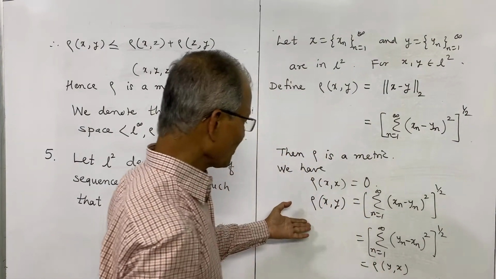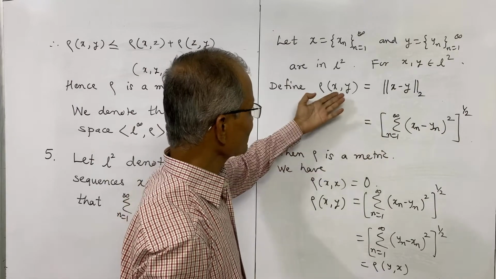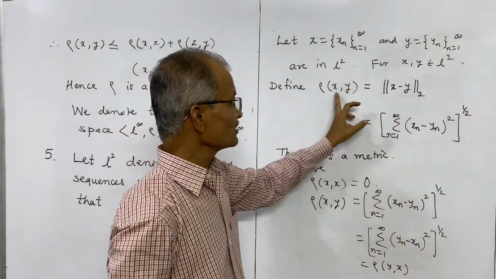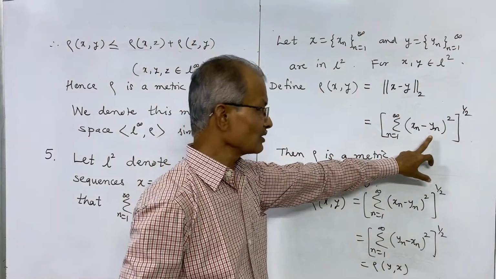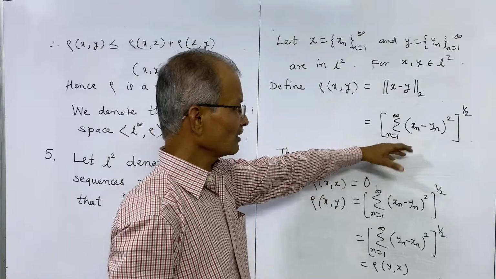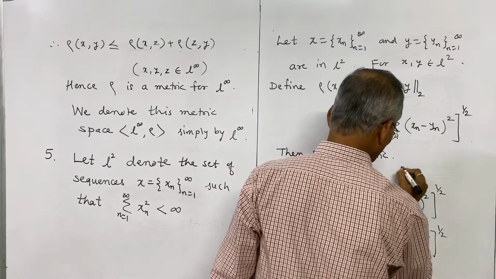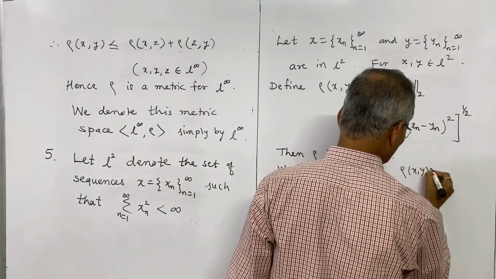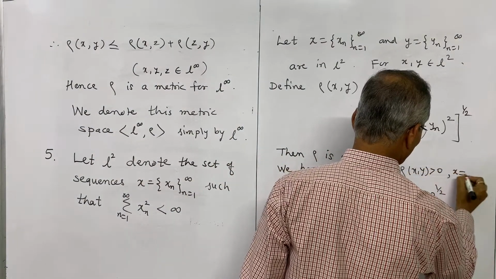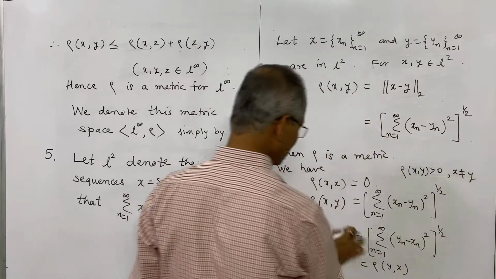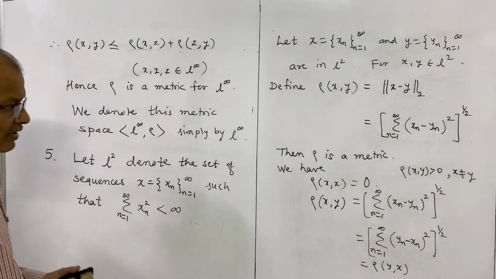And the second property is also obvious. This is greater than 0 if x is not equal to y, because then this difference is non-zero, and therefore this value is greater than 0. So rho of x and y is greater than 0 for x not equal to y. So these three properties are easy to verify.